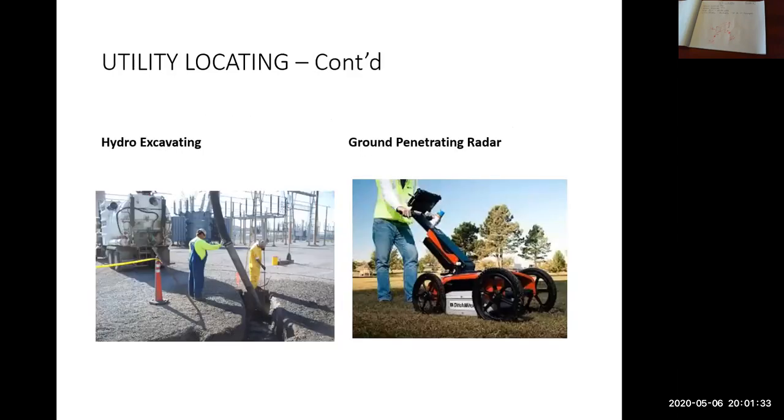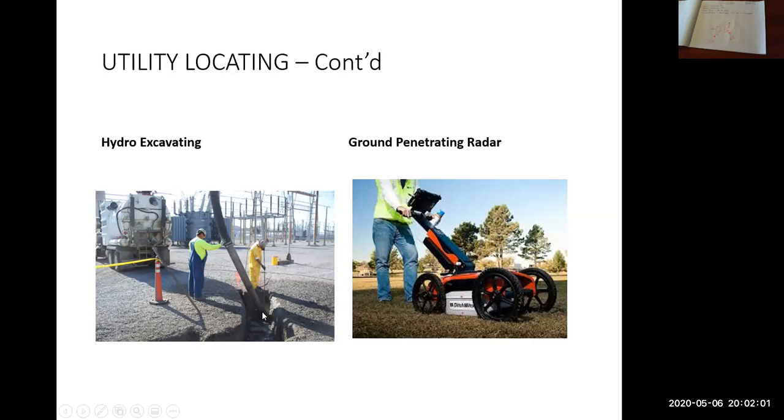So on the next page here, here was the hydrovac on the left. There's the truck there. There's the big tank. Up in front is the vacuum system. A hose comes off, and they can lower this hose into the ground. This second person here has a water jet wand. It's like a pressure washer. They blast high pressure water into the ground.